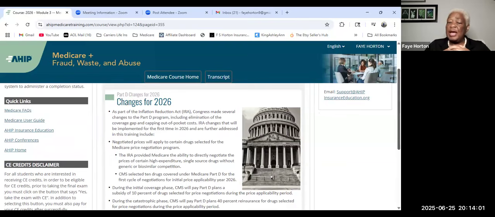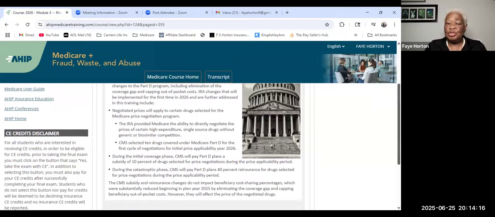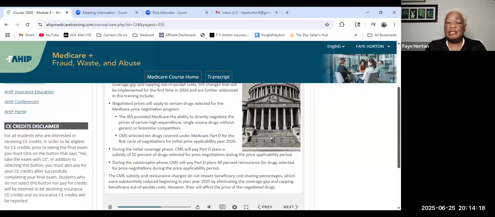The Inflation Reduction Act changes that will be implemented for the first time in 2026 are further addressed in this training, and they include negotiated pricing will apply to certain drugs selected for the Medicare price negotiation program.